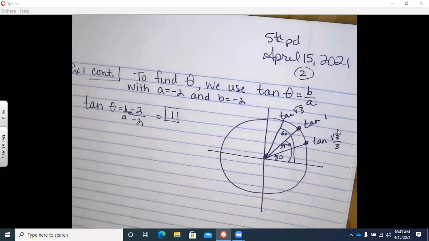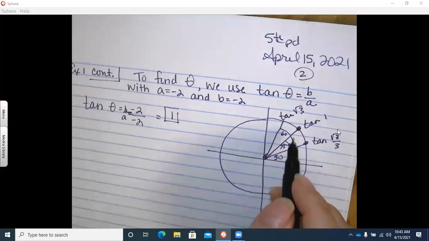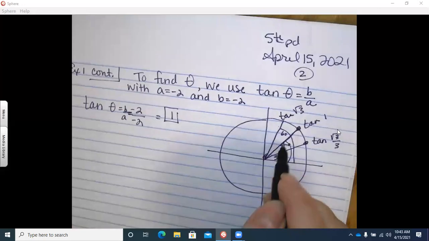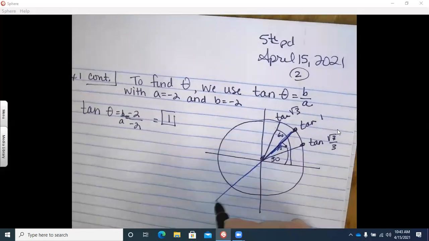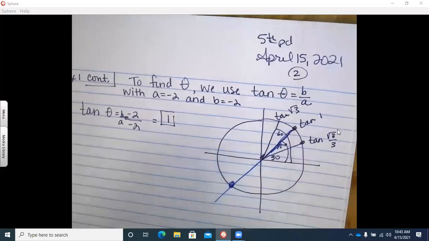Okay, but is our angle in quadrant 1? No. What quadrant is it in? 3. Okay. So it's going to be directly across from this angle here, right? That's where z equals -2 minus 2i is, correct?